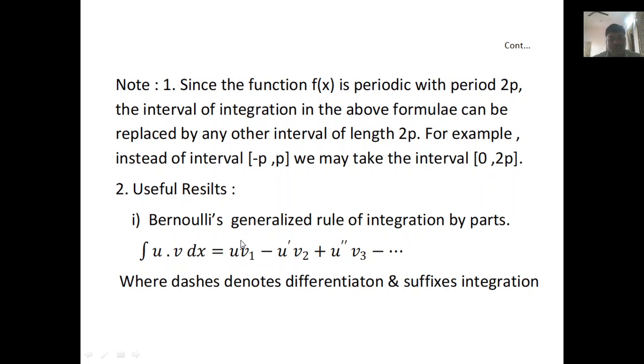Second note, here we have to use Bernoulli's generalized rule of integration by parts. This one: integration of u v dx is equal to u v1 minus u dash v2 plus u double dash v3. Here dashes denote differentiation and these suffixes denote integration.